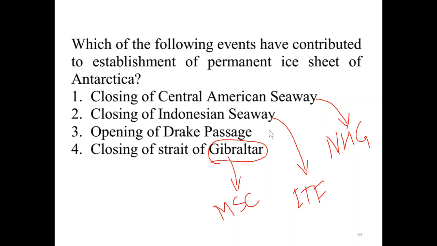Let us see how the opening of Drake Passage led to the formation of the permanent Antarctic ice sheet. So where is the Drake Passage? If you look at the map of South America and Antarctica, this passage is called the Drake Passage.